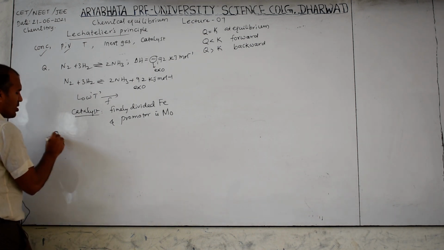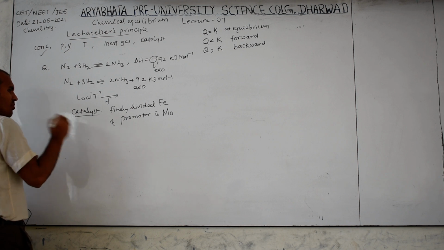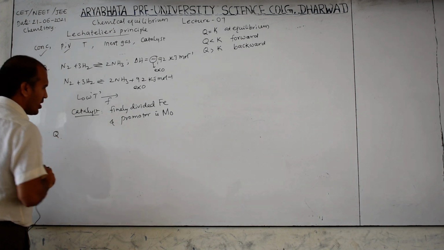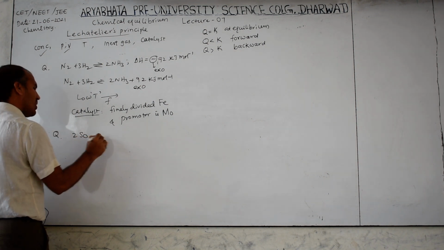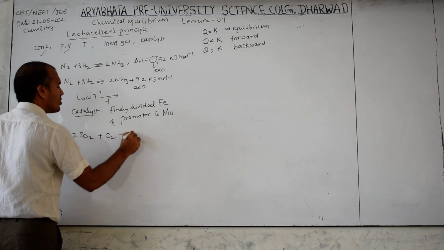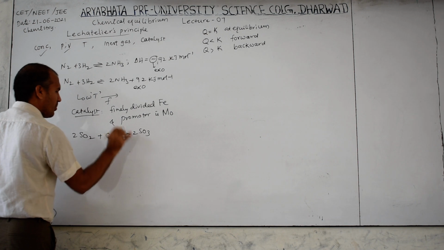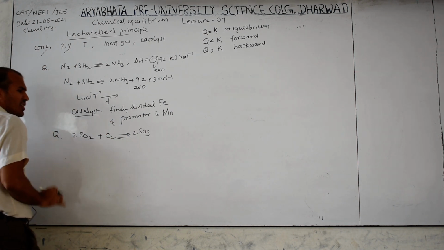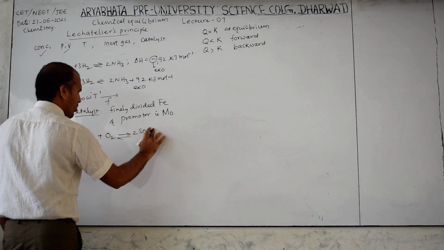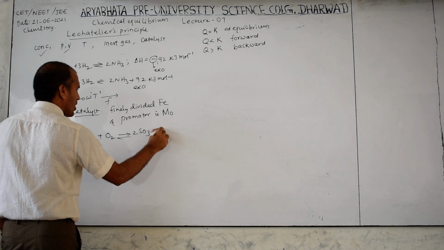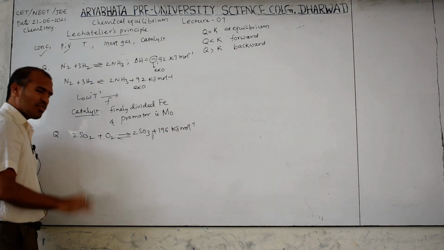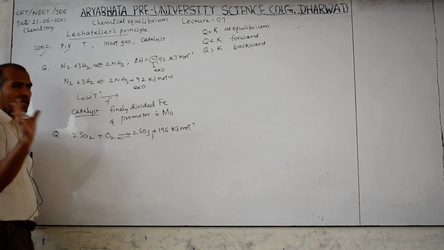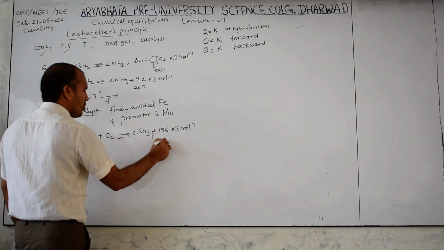Next, one more question for this. What is the favorable condition with respect to temperature for 2SO2 plus O2 gives rise to 2SO3? For this reaction, I want to give it in this form only, plus 196 kilojoule per mole. Then consider this exothermic or endothermic. Product side plus given means that is exothermic only.